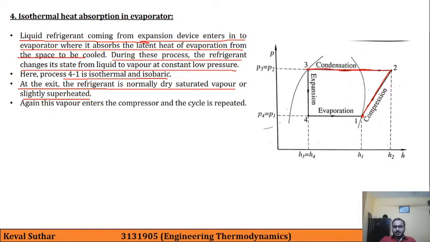Then the expansion process is adiabatic, and in this expansion process the enthalpy will remain constant from 3 to 4, and then 4 to 1 is the evaporation process where the enthalpy is increased because of vaporization. So this is the pH diagram for the vapor compression cycle. And if you see carefully, the entire cycle is functioning on only 2 pressures.